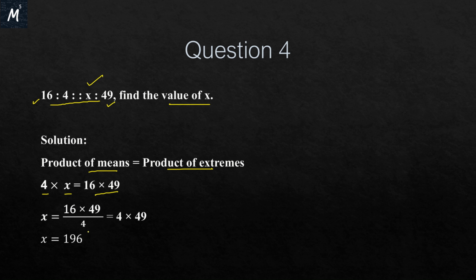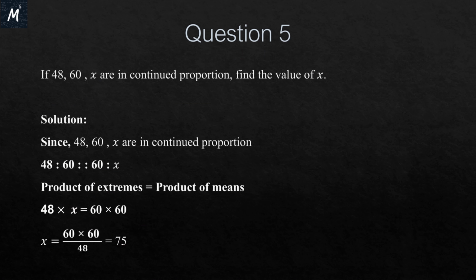To find x, we transpose this 4. After cancellation, 4 fours are 16, so 4 into 49 is what we are left with. So x is equal to 4 into 49, that is 196.